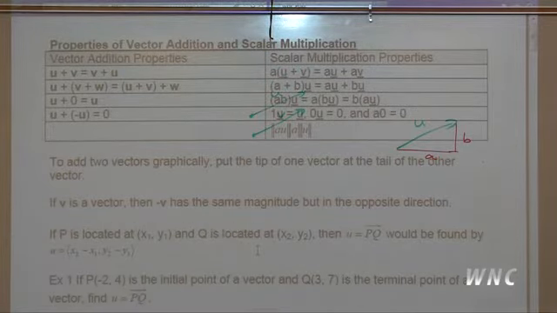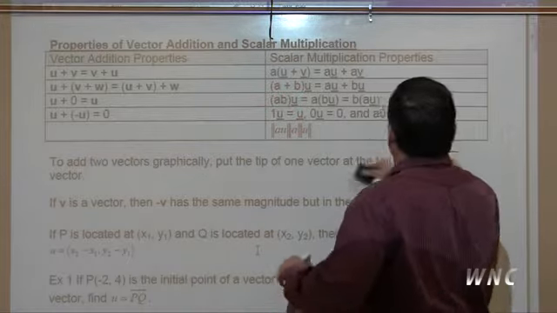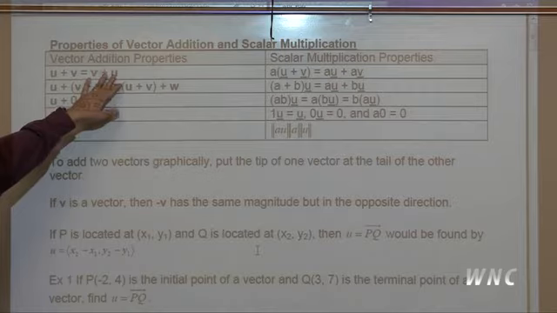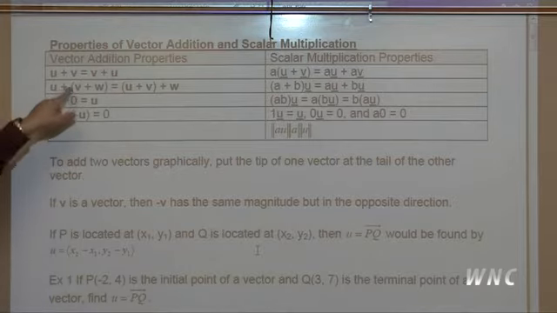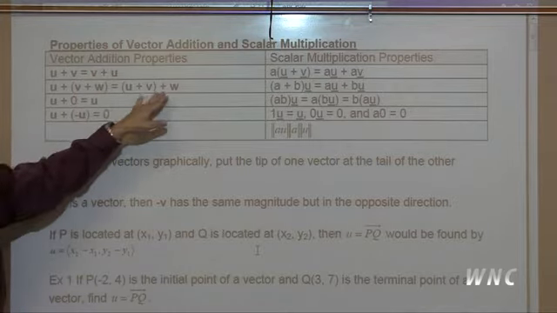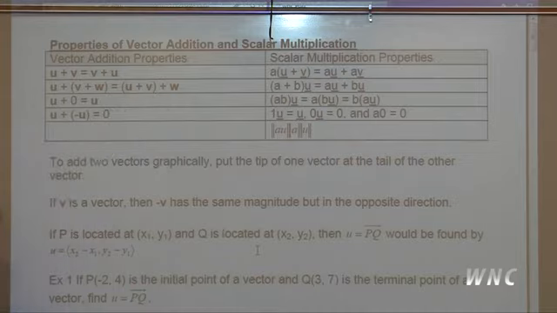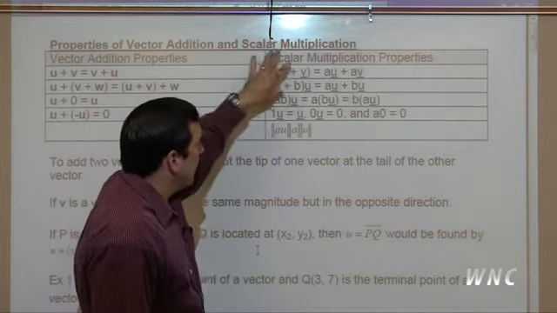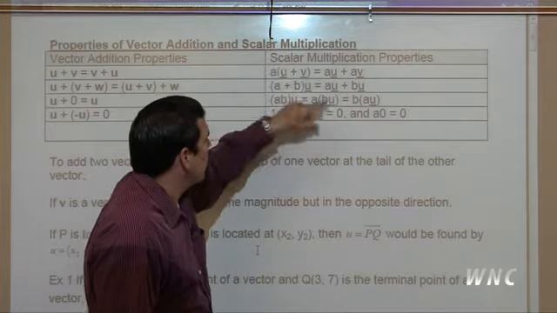Okay, properties of vector addition and scalar multiplication. U plus V is V plus U, so it's commutative. U plus V plus W is U plus V plus W, so you can change the association. U plus 0 is U, and U plus negative U is 0. I underlined these, but it should have been bold, so ignore the underlining.